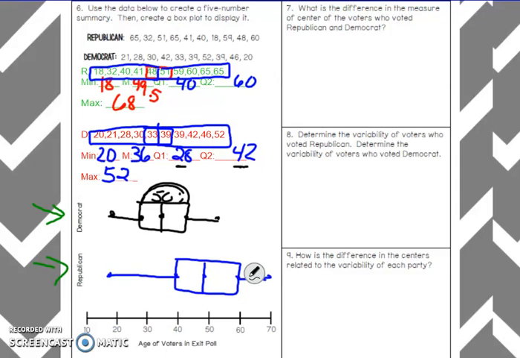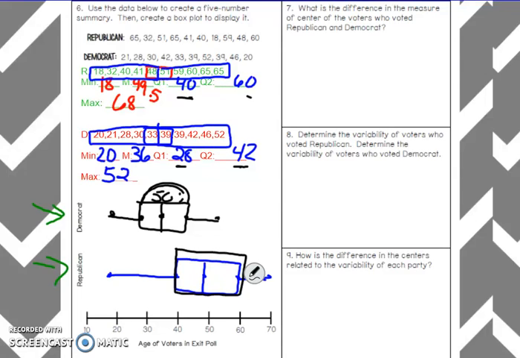For Republicans, that's this right here, half of their ages are between 40 and 60. So who has an older group for the most part? Is it the Republicans or Democrats? Republicans, right? Because 50% of people that are Republicans are between the ages of 40 and 60. 50% of Democrats are between 28 and 42.